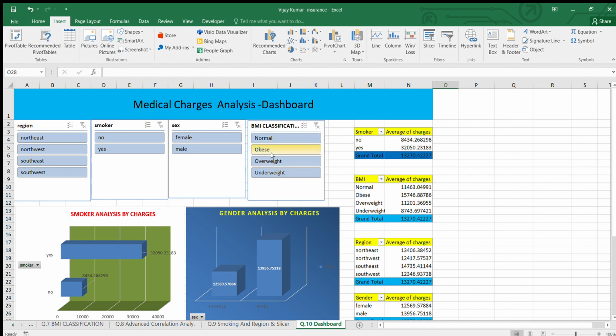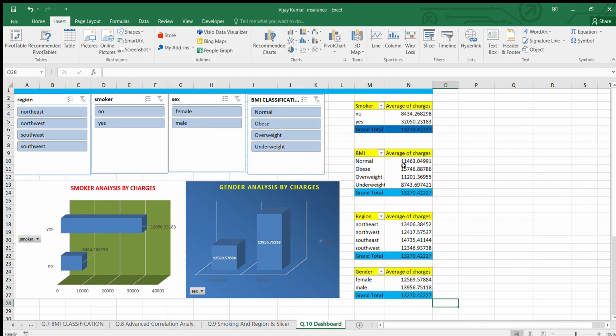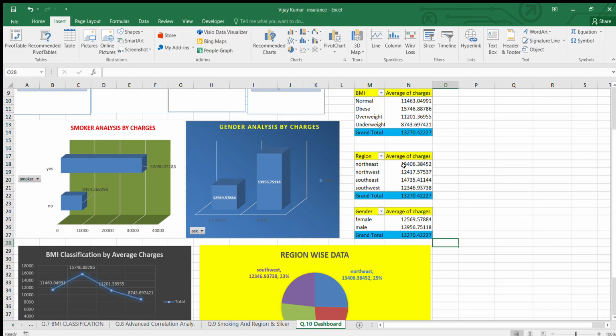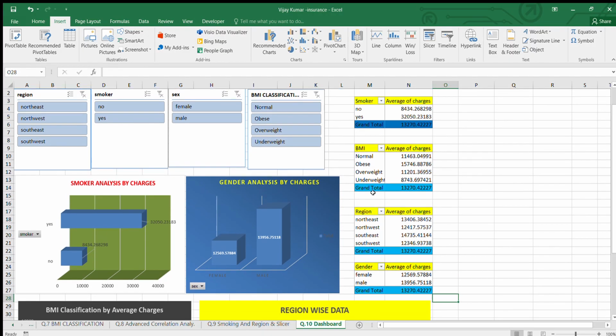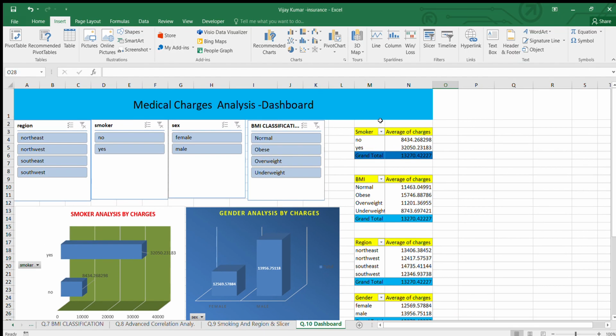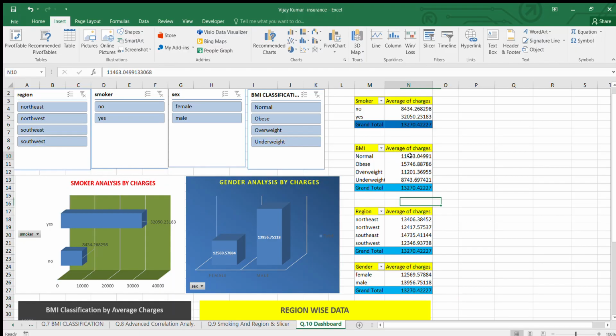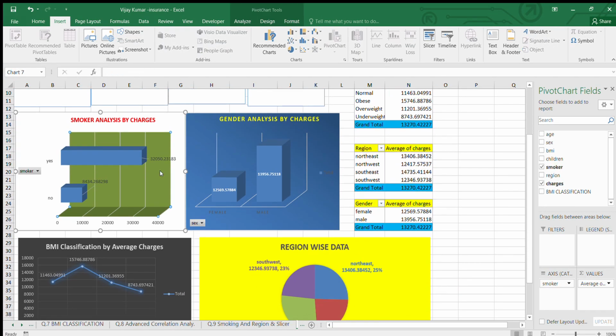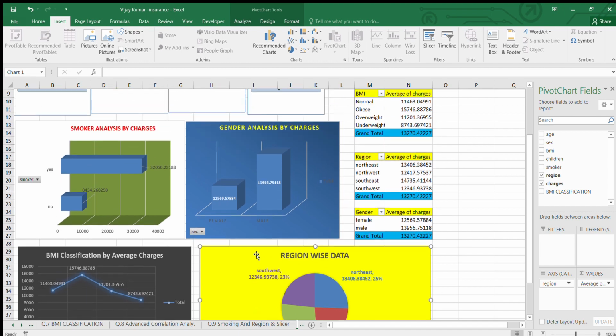Along with all of these four we have put the average of charges, region wise, gender wise, and BMI and smoker. So all of these we have calculated the averages, and this is the graph: bar graph, line graph and pie graph. All of these I have put here.